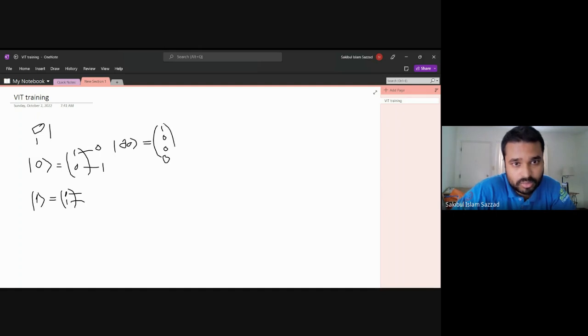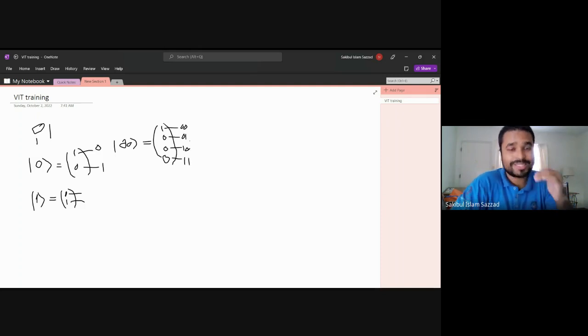Now you can see that there are 4 rows, and these 4 rows are: this one is for classical bits 0, 0, this one is for 0, 1, the same analogy, this is for classical bits 1, 0, and the final one is for classical bits 1, 1.